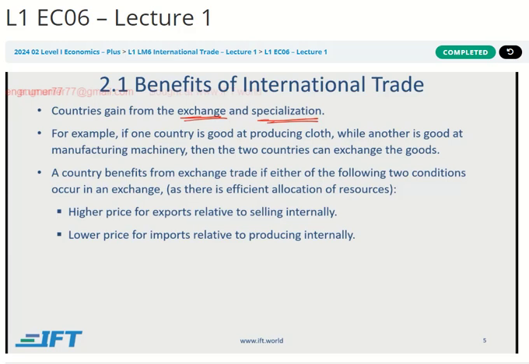I'd like to give you another example here. Let's say we talk about India, that is better at producing cloth. Why?